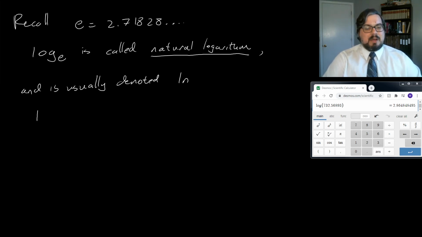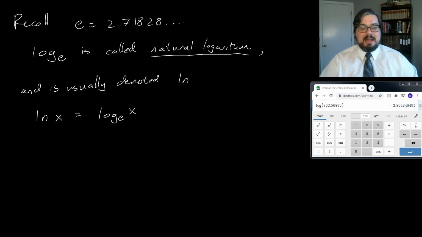If we write down something like ln of x, that really means log base e of x. Now, because e is not a whole number or even a rational number, this is usually not an expression that we can work out by hand for most values of x. But as I said, it does turn out to be extremely useful in many theoretical and practical applications.